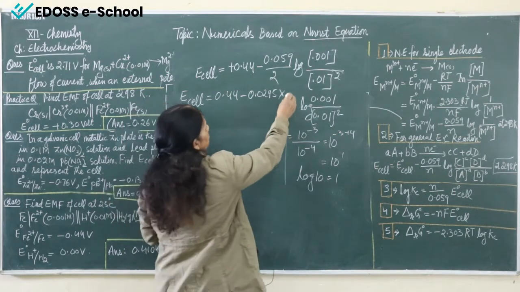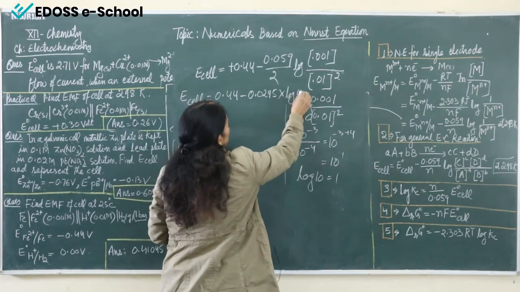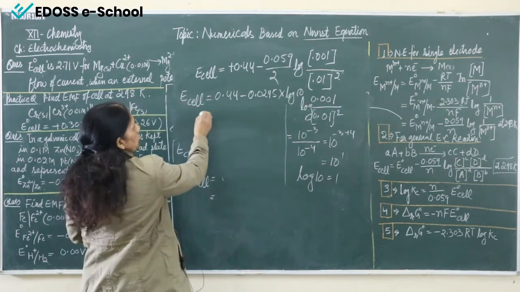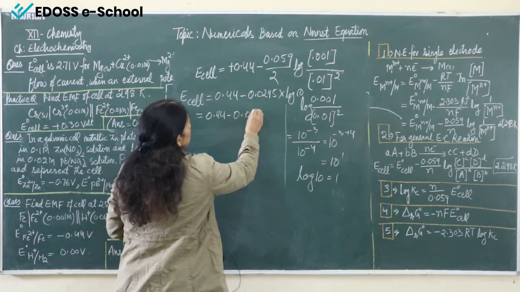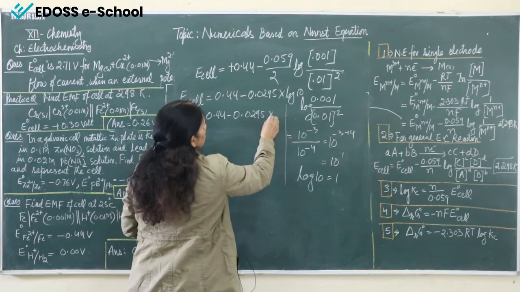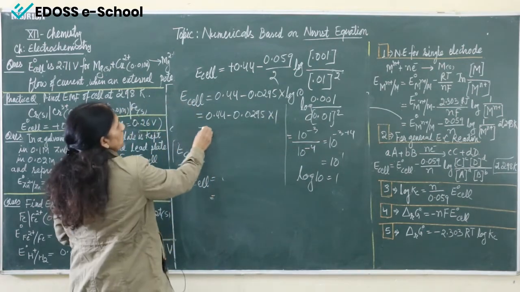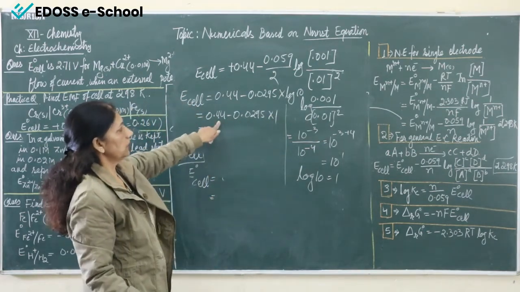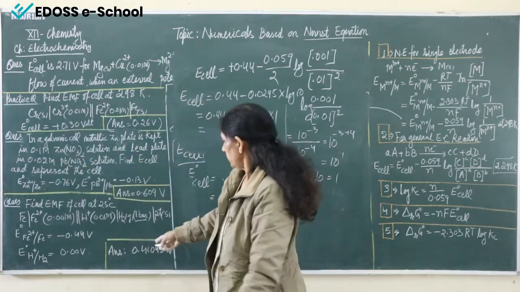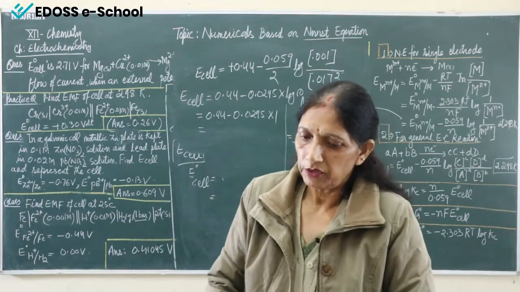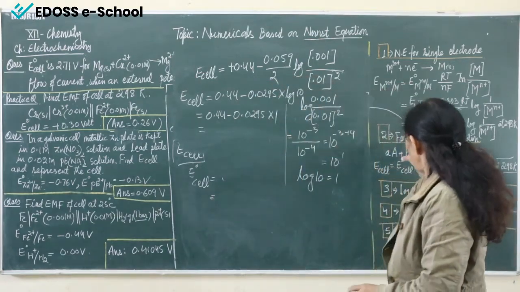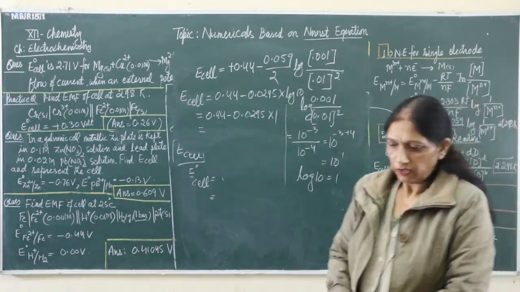So you can put log 10, and now put the value: 0.44 minus 0.0295 times log 1. Then subtract this value from this value and your answer will come. So these are the numericals related to the Nernst equation, and a few more numericals are left that we will do in our next video.